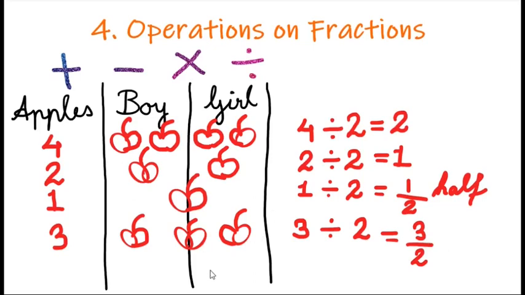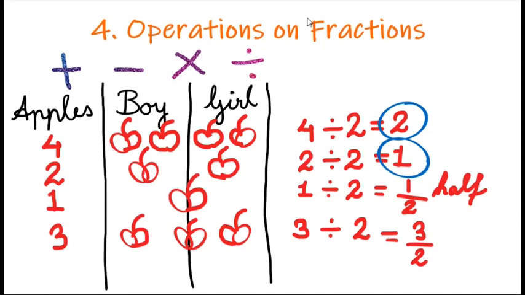Now see children, just look at these numbers. Earlier they got 2 apples, then 1. Did they get complete apples here? First they got 2 complete apples, then they got 1 complete whole apple, isn't it? So such kind of numbers are called whole numbers.